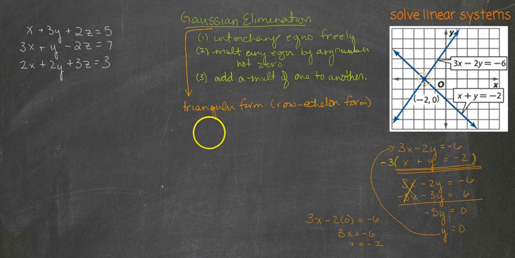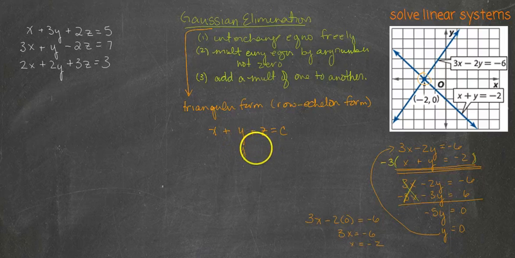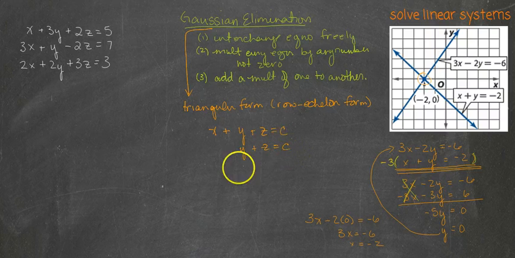Basically what that means is you're going to have an x plus a y plus a z, this is just symbolic at this point, equals some constant. And then on your second row, you'll only have some value of y plus some value of z equals some other constant. And then on your third row, you're just going to have some z value equals some other constant.